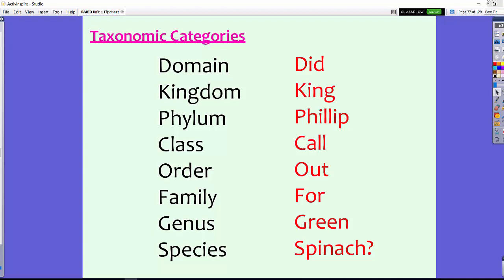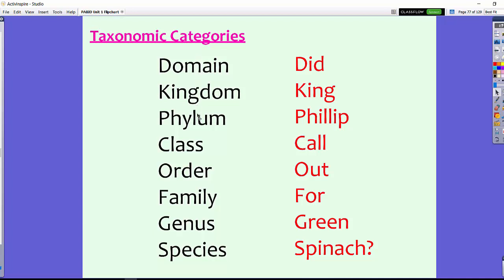Now we go from the very top, which is domain. This is our largest category. We have very few domains, but we have tons and tons of organisms in those three domains.